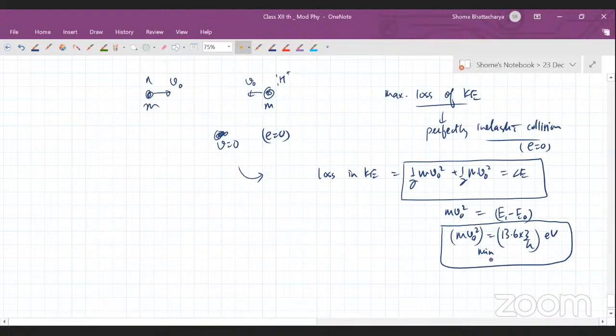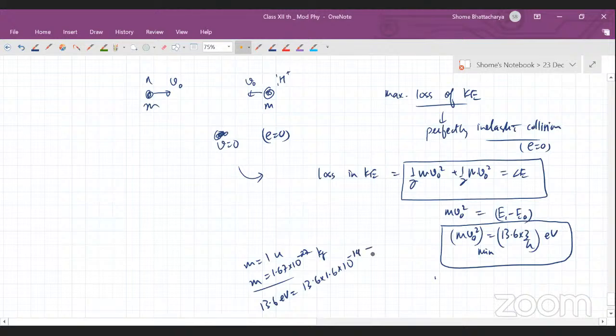Okay, so now in this, you have to just substitute, first of all, convert electron volts to joules. Mass of this is 1 atomic mass unit basically, so it is 1.67 into 10 raised to power minus 27 kg. And 13.6 electron volts you can convert to joules.